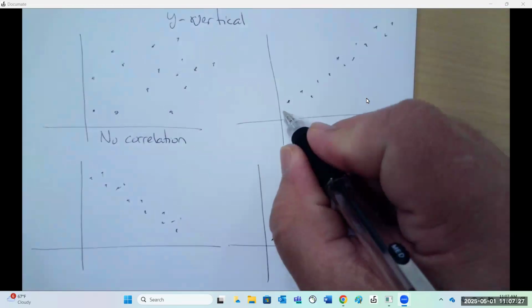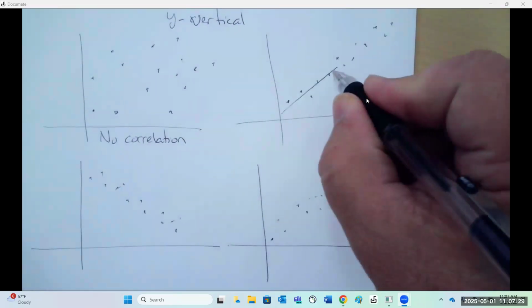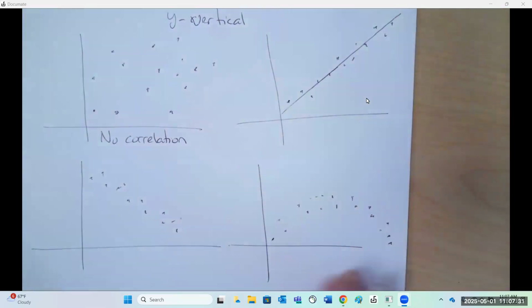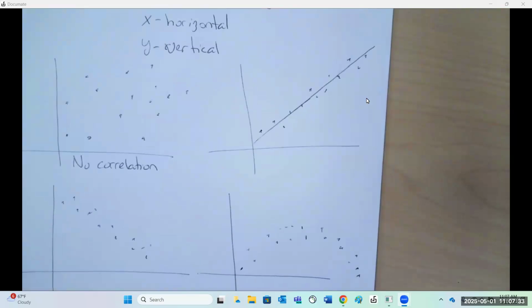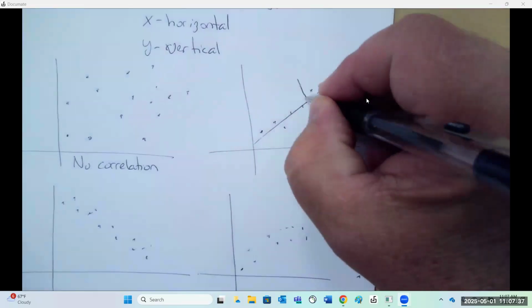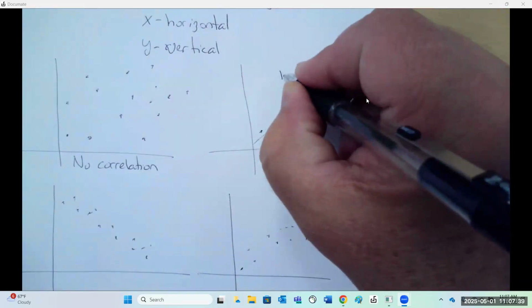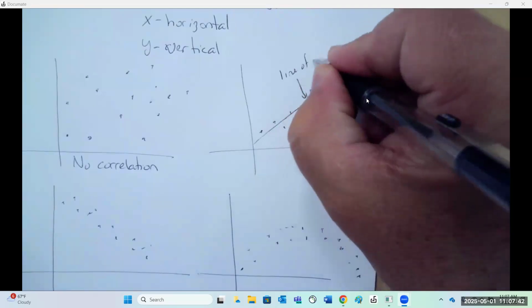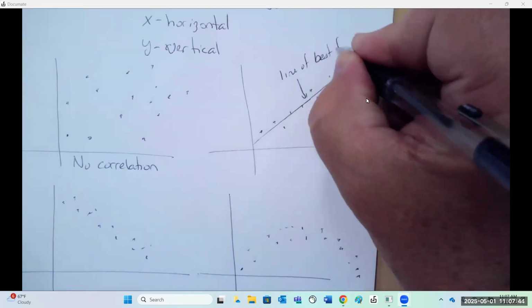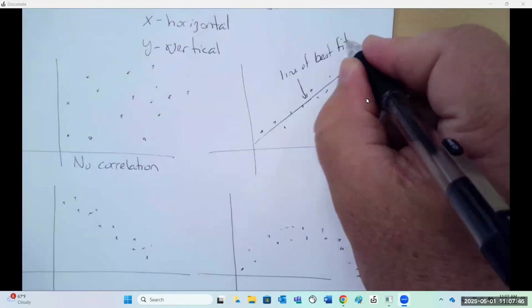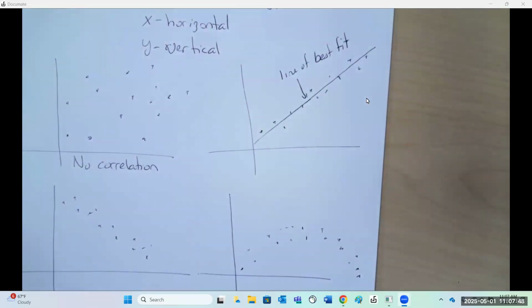Now, with this one, since the data seems to be forming along a certain line, this line is called the line of best fit. Again, that line is going to be defined next week when we do regression.